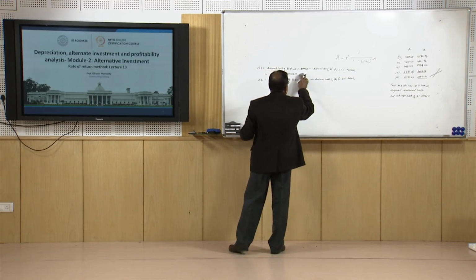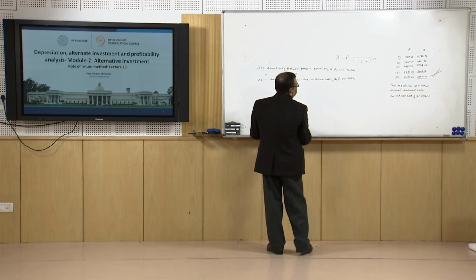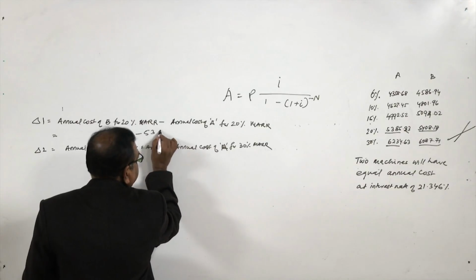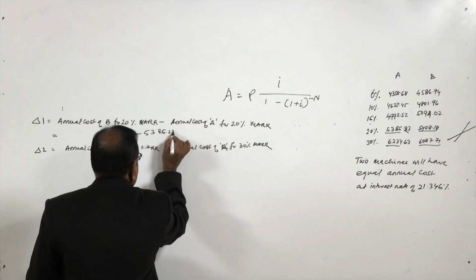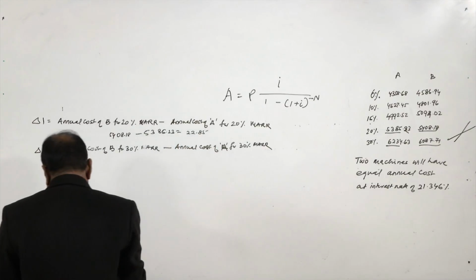This minus this is B minus A. So, 5408 minus 5385.23 is equal to 22.85.